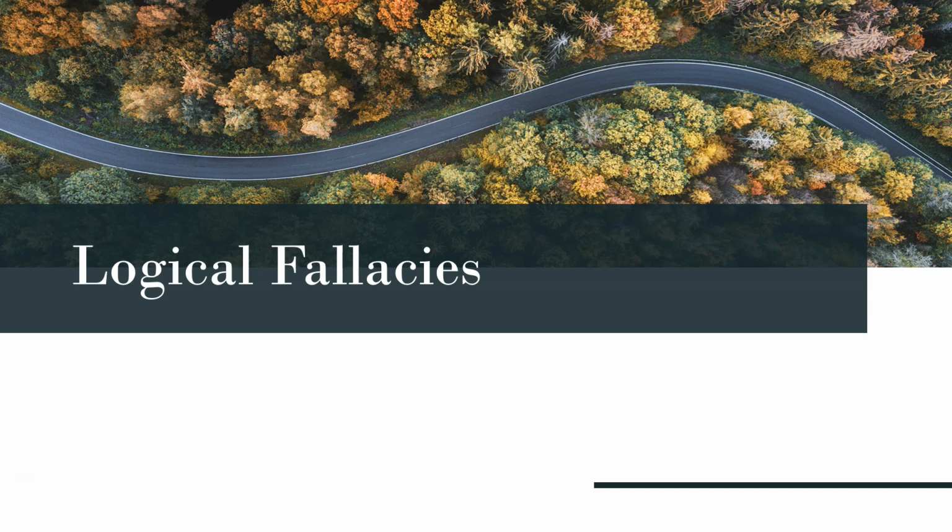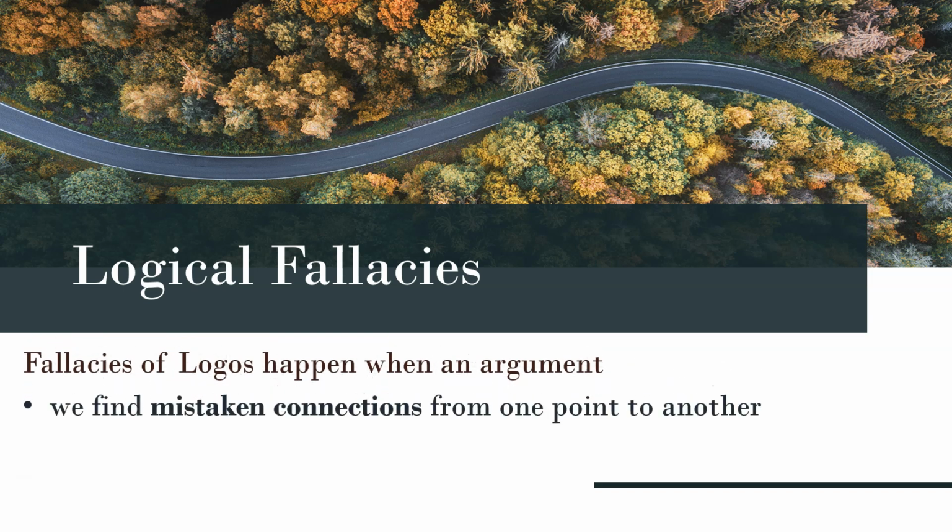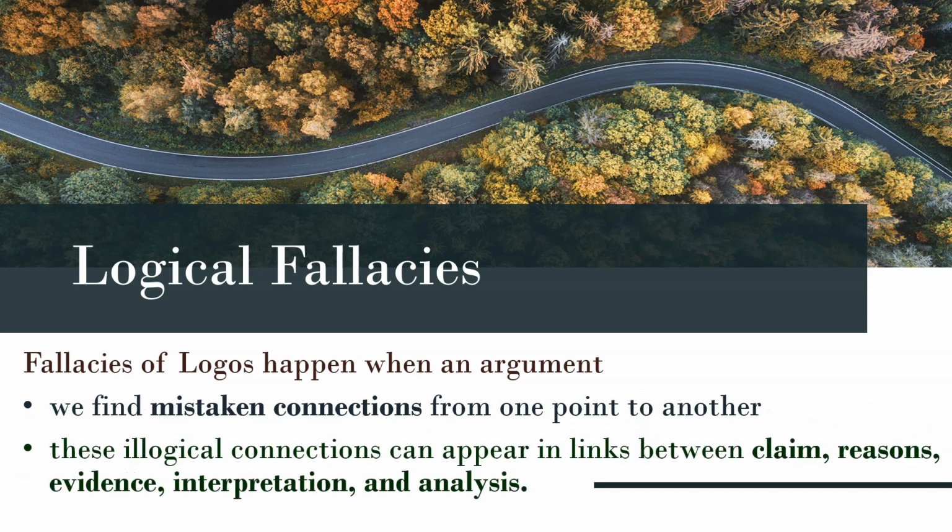With that in mind, just a refresher of what is a logical appeal, thinking about how logical fallacies happen when an argument either has mistaken connections moving from one point to another in an illogical way, or illogical connections between claim and reason, reason and evidence, evidence and interpretation, evidence and analysis.